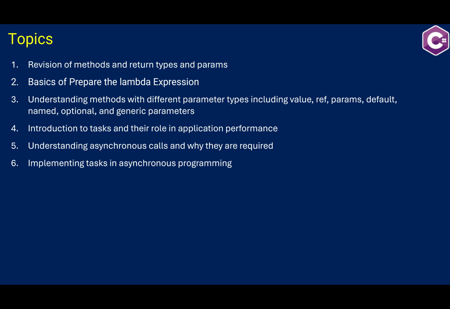For this, we have to take the help of tasks. I mean, when we prepare the method, the method return type should be Task when we are dealing with asynchronous calls. At the same time, we should use the async and await keywords. So we will check that in this step 3.